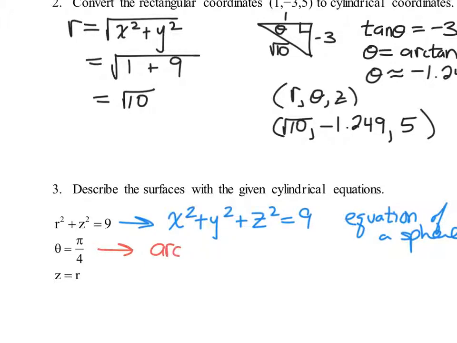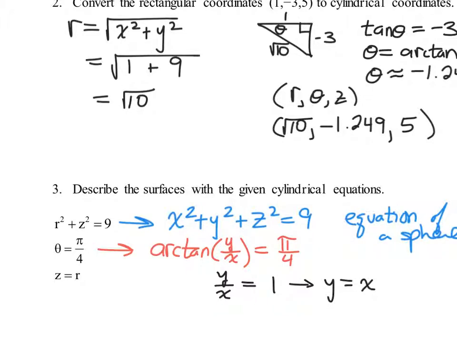So arctan y over x would be equal to pi over 4. The idea being that I can take the tangent of both sides and make this y over x, I think I said y over 4 before, would be equal to 1, which leads us to the equation y equals x.